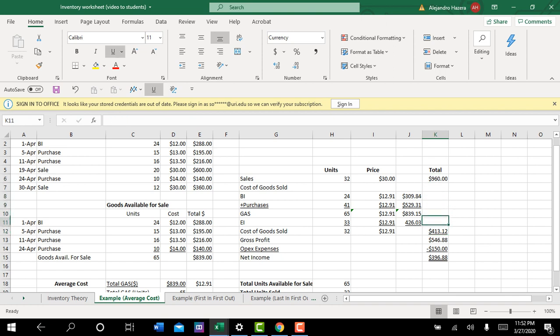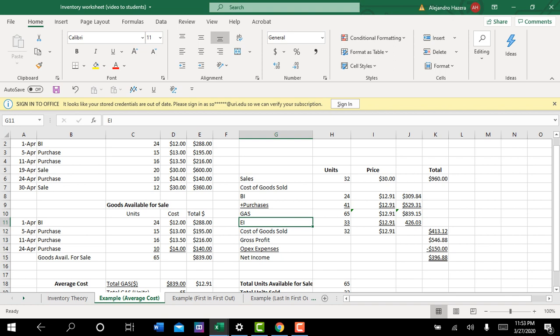But keep in mind that your cost of goods sold calculation is beginning inventory plus purchases, gives you goods available for sale, subtract out, and that's a minus right there.